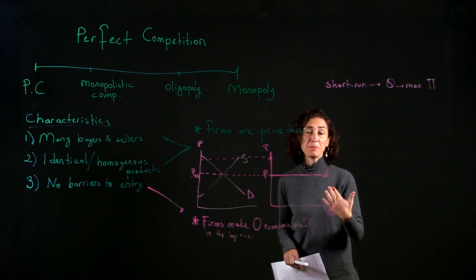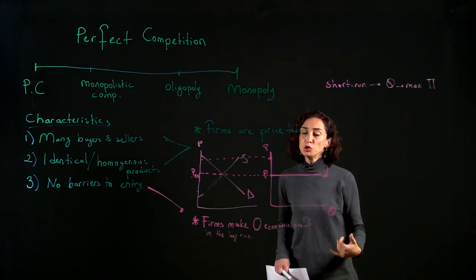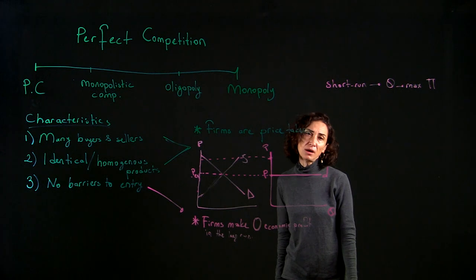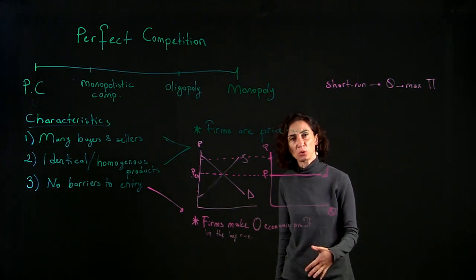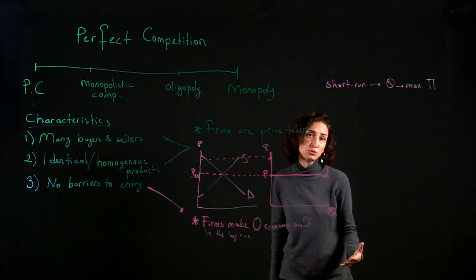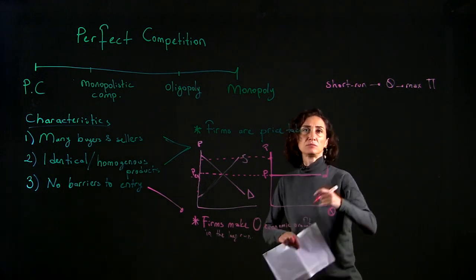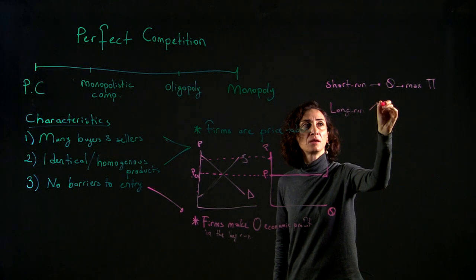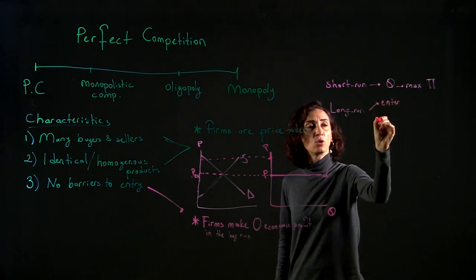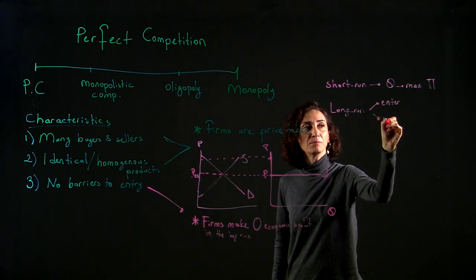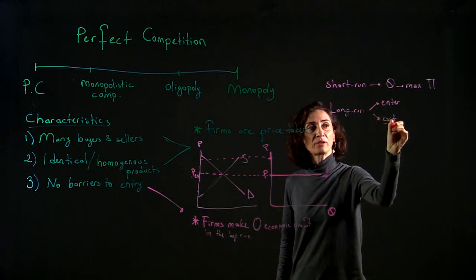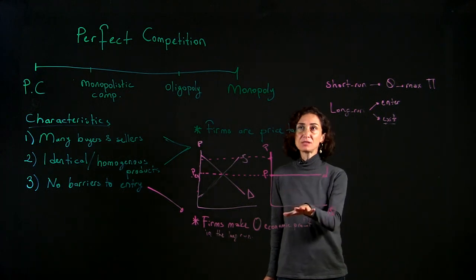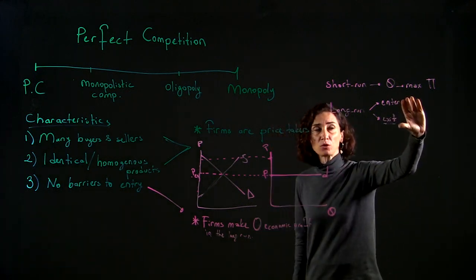This firm might decide not to produce anything in the short run, or to produce something, but in the long run, it has another decision to make: enter, or actually for a firm that is already in the industry, exit.